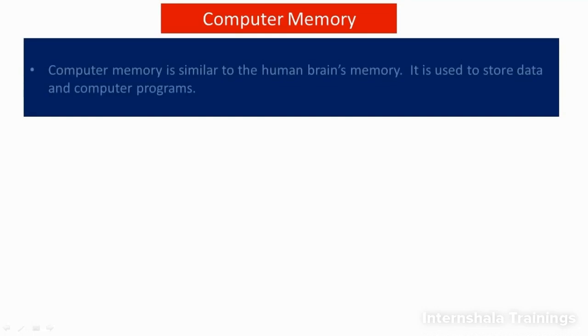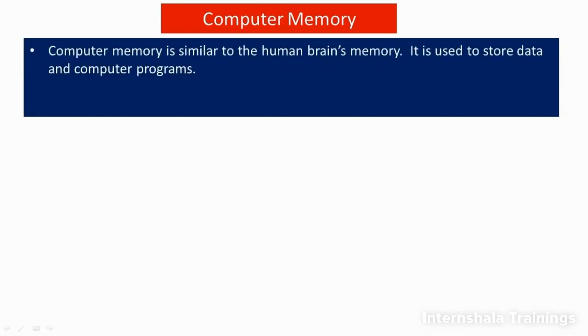Now, let me tell you what is basically computer memory. Computer memory is similar to the human brain's memory. Like we people have memory in our brain, similarly a computer needs memory. It is used to store data as well as computer programs.